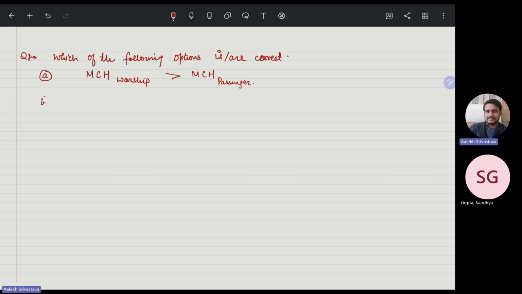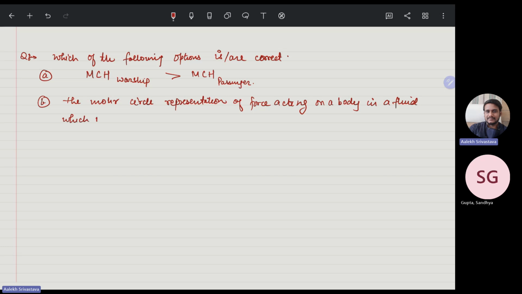The second thing is the Mohr's circle representation of force acting on a body in a fluid which is at rest is a point.